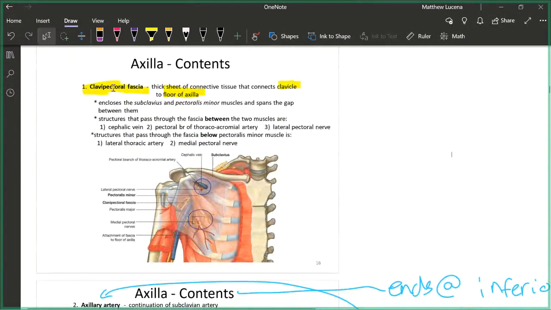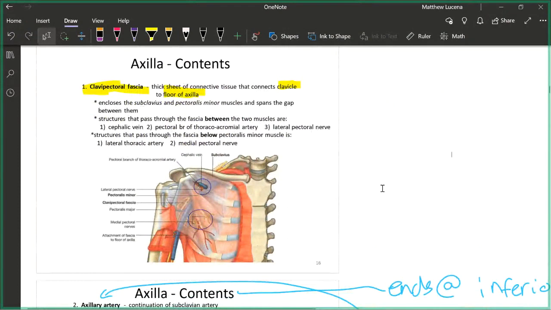The axilla is going to have the clavipectoral fascia, which is that connective tissue sheath that connects your clavicle and the floor of your axilla. Inside that fascia, you're going to find your subclavius and your pec minor muscles.